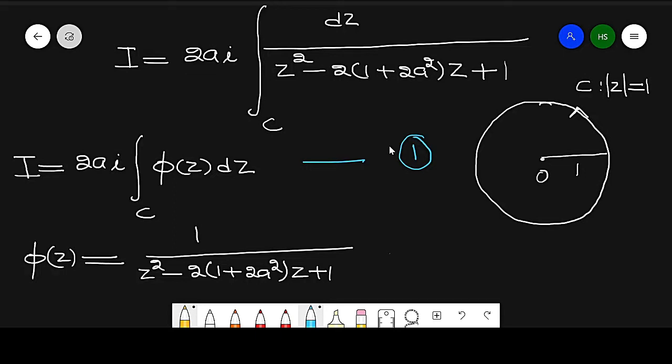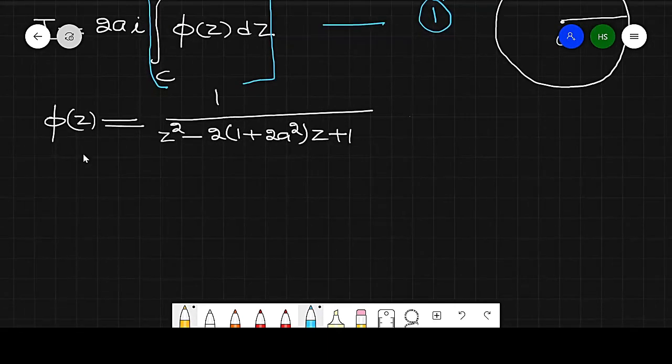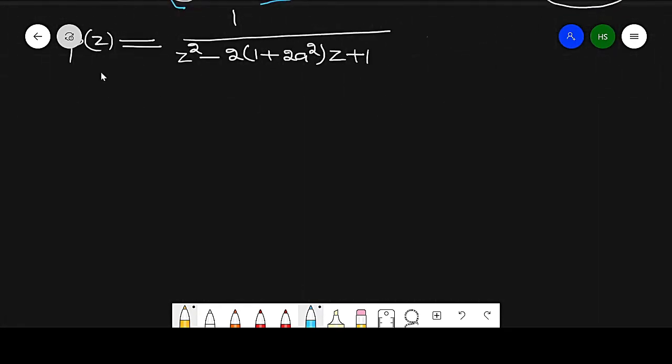Now how will we solve this integration? Basically, I am trying to solve this integration by using the Cauchy residue theorem. So this is my function.